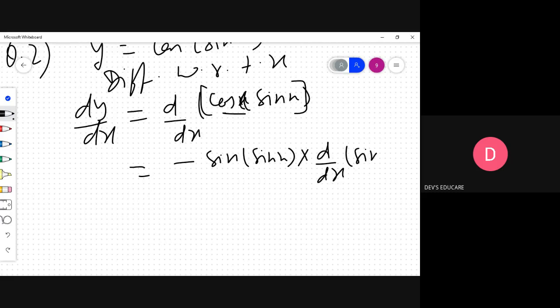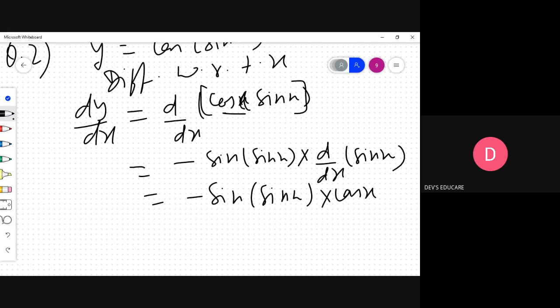It is called the chain rule. If any function is coming under another function, then we will find the derivative till we get the 1. So this becomes minus sin x, and the derivative of sin x is cos x, and the derivative of x is 1.